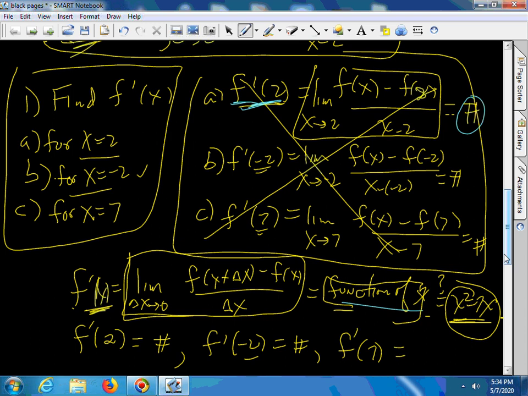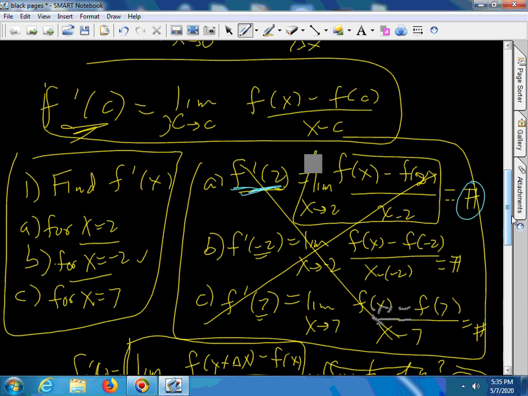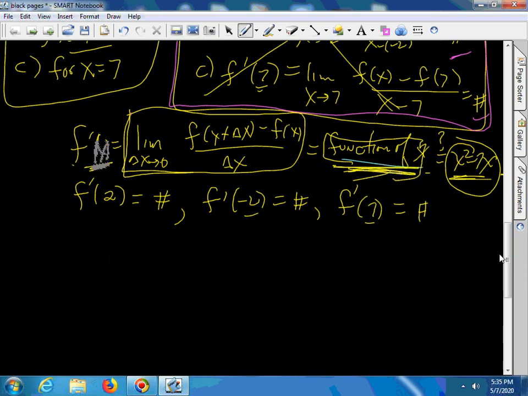I plug 7 into my function of x and I get back a number. So in the top part, I did 3 limits, and after each limit I had my answer. Here, I just do 1 limit, and then I do 3 evaluations.